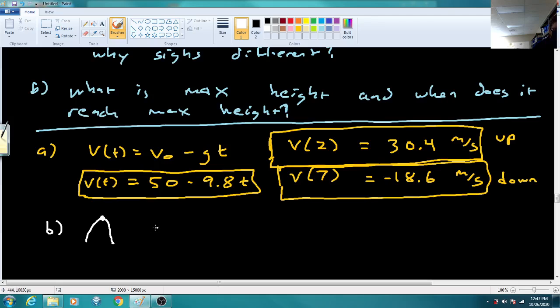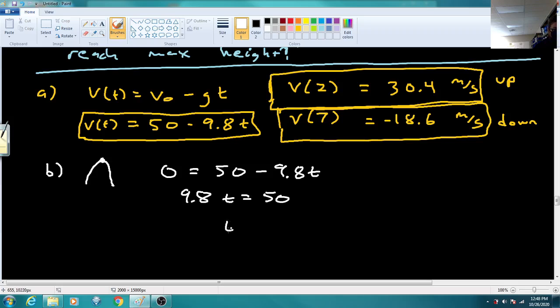And so the maximum height is going to be where the velocity is 0. So we're going to set our velocity equation equal to 0 and solve it for t. That'll tell us the number of seconds when we're at the maximum height.